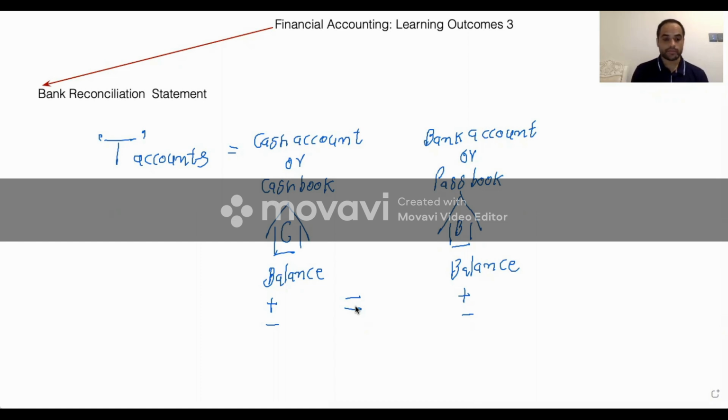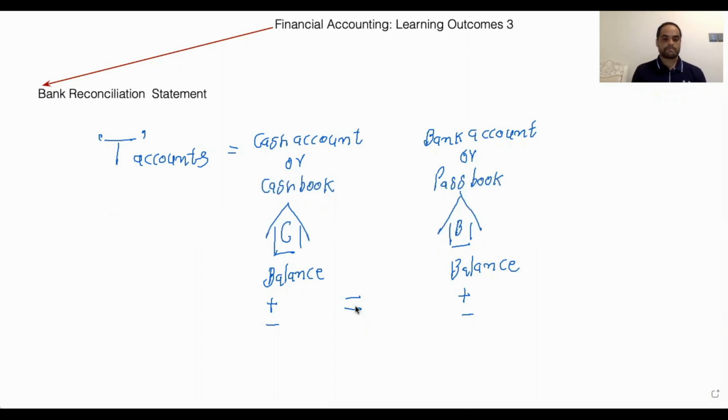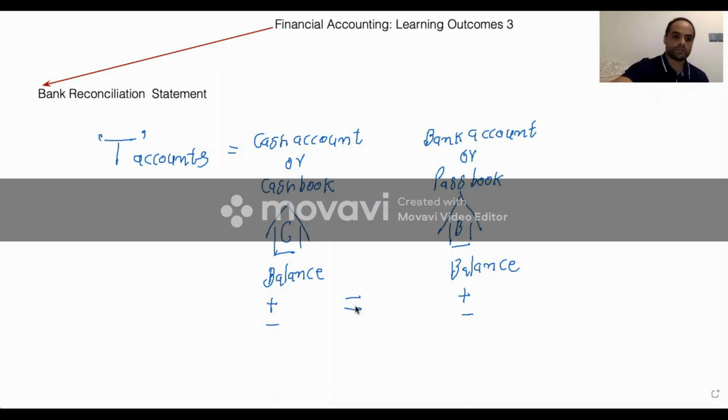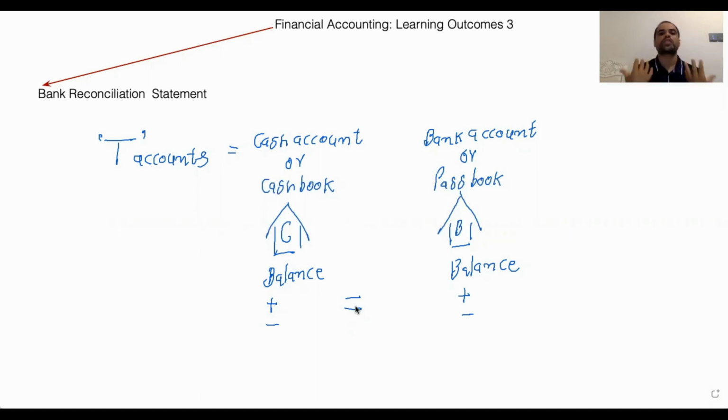Right or wrong? Tell me. Quickly say something. The balance between cash account, cash book, and passbook should be equal or should not be equal.